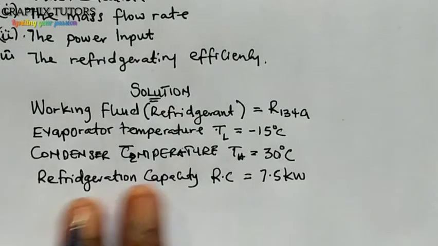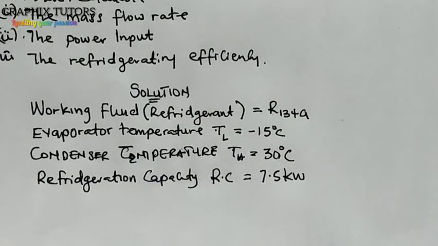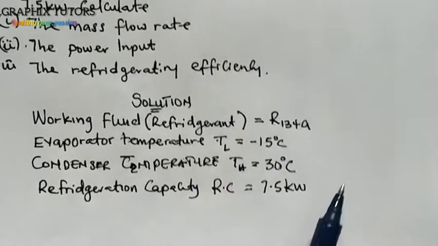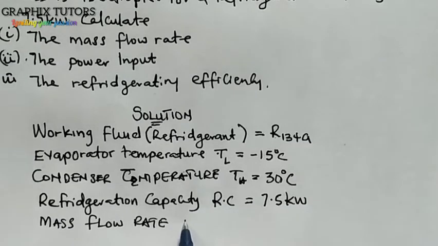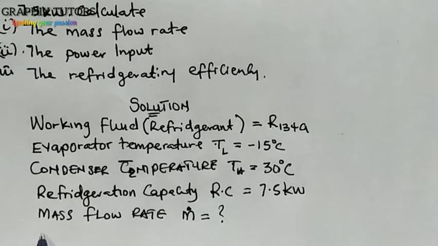After doing this, we are told to calculate the mass flow rate. We are looking for the mass flow rate, which is m with a dot on it. We're also looking for the power input, which we'll give as our work rate.